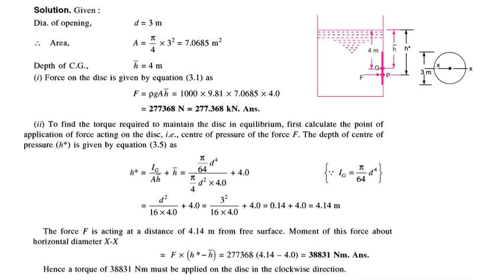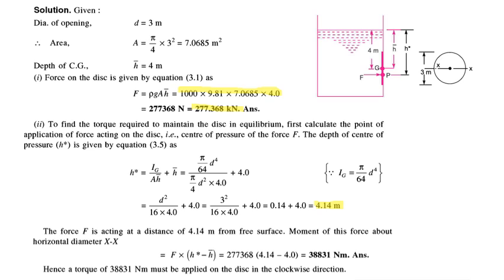After substituting the values in the formula, 1000 into 9.81 into the area into H dash, which was 4, we can compute this force, and for the center of pressure, using the formula as used earlier, you can compute its value.